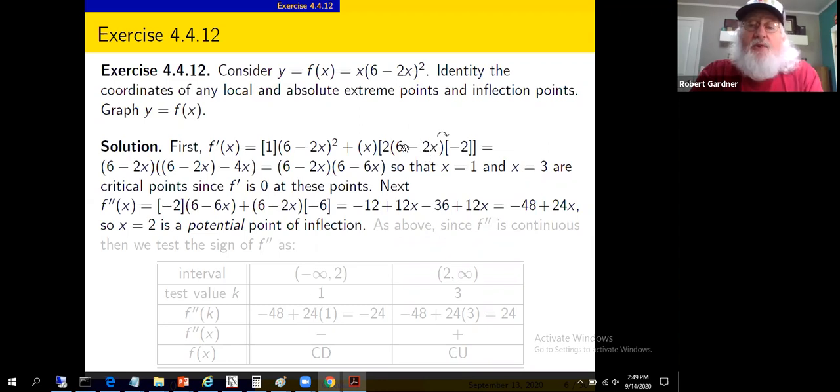I've got a factor of 6 minus 2x in both of these, so let's bring that out. Factoring is the goal because I'm looking for critical points where the derivative is 0. Factor 6 minus 2x out of the first term, and you're left with a 6 minus 2x because it was squared in the expression. Factor 6 minus 2x out of the second, and we're left with x times 2 times negative 2.